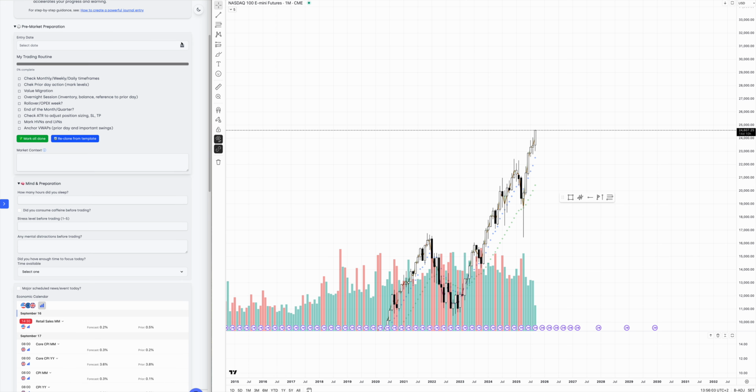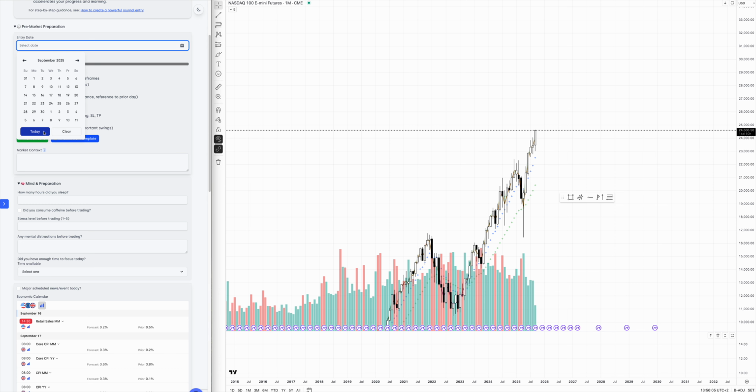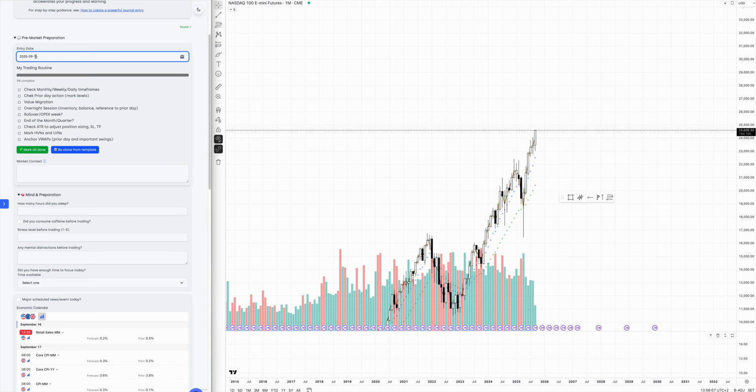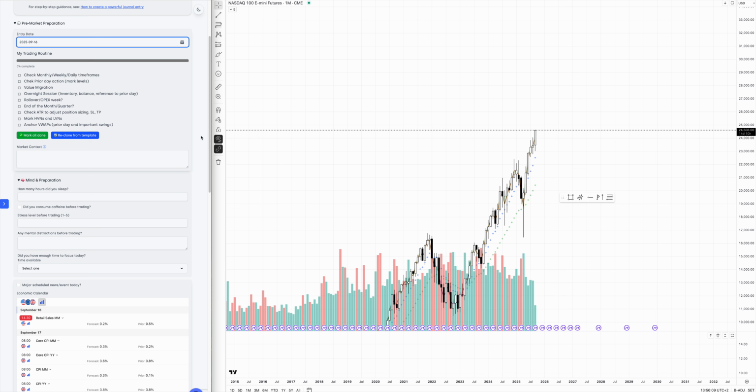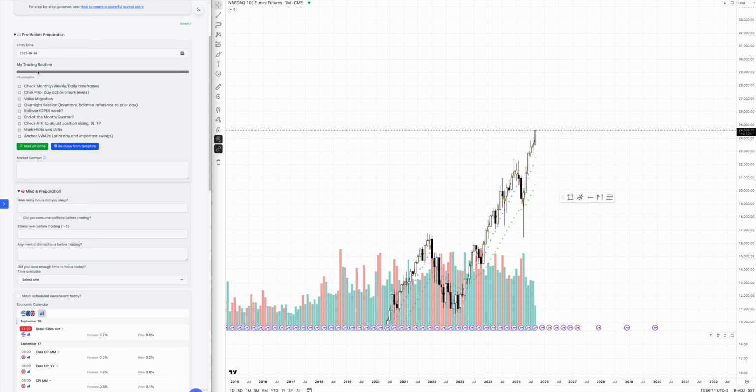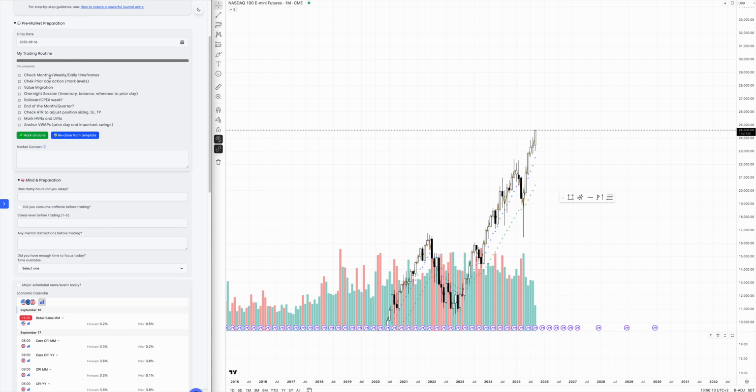So this is the entry for today, the 16th of September. Now I'm going to follow my routine, which is first check the higher time frames, top-down analysis. We can see, of course, this is the Nasdaq. The monthly bar is clearly up.